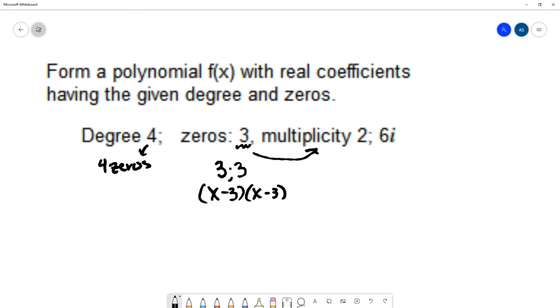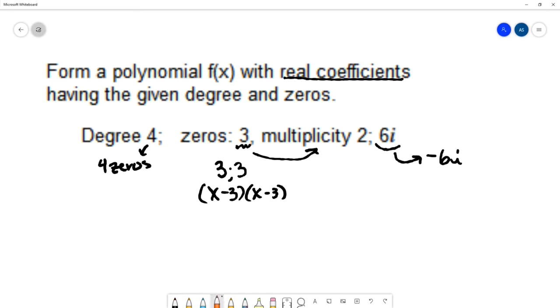And then we also have a zero of 6i. Now this one has that complex zero. And with that complex zero and the fact that this polynomial has real coefficients, we know that the conjugate, negative 6i, is also a zero.